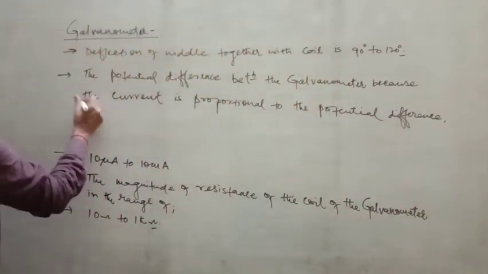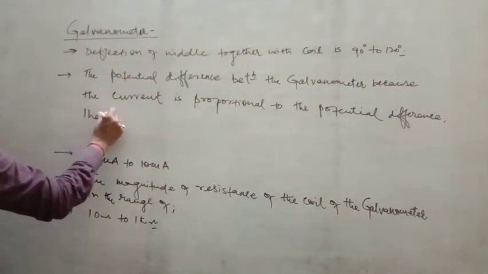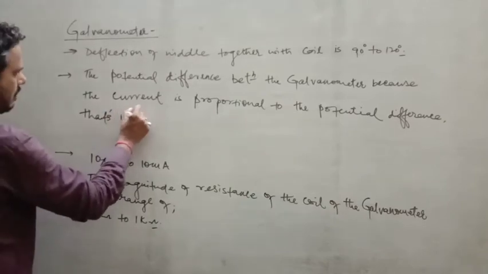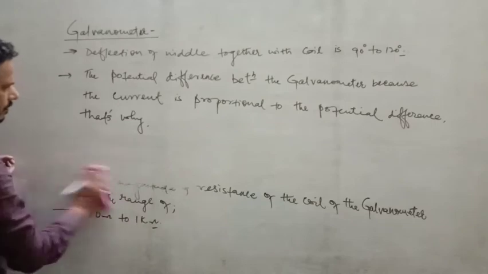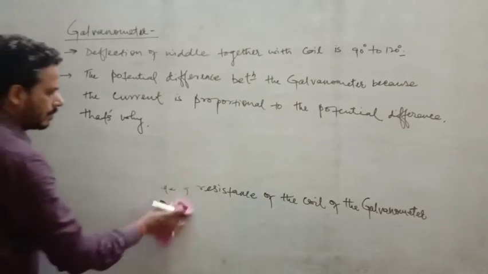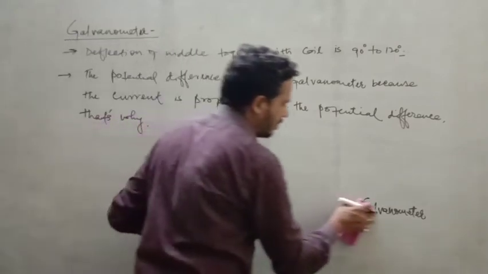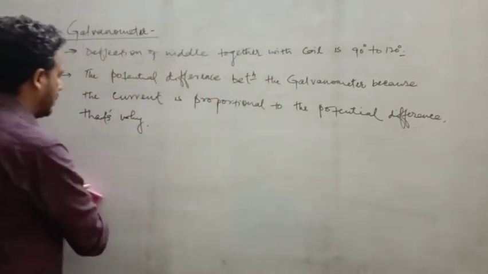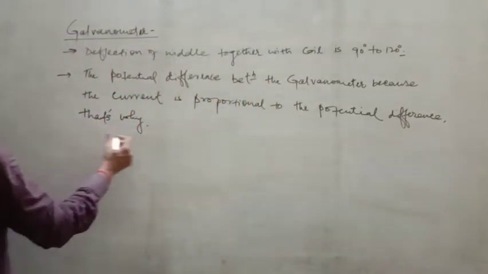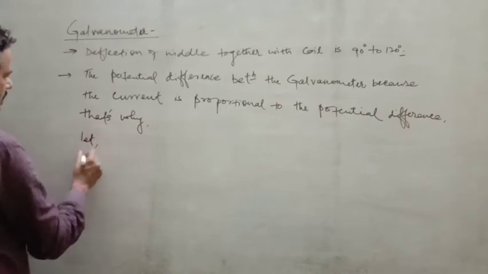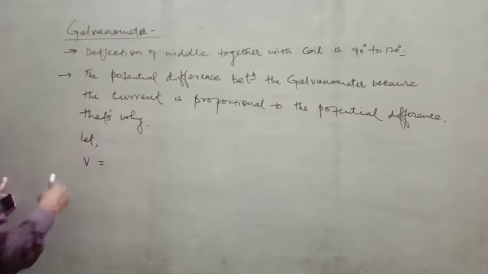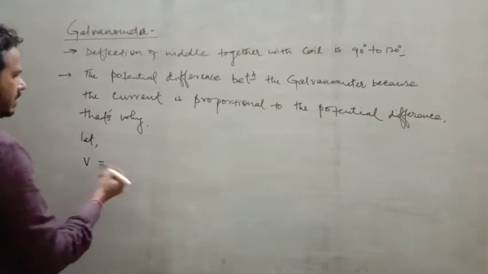That's why, let V be the potential difference, then V is equal to IR.